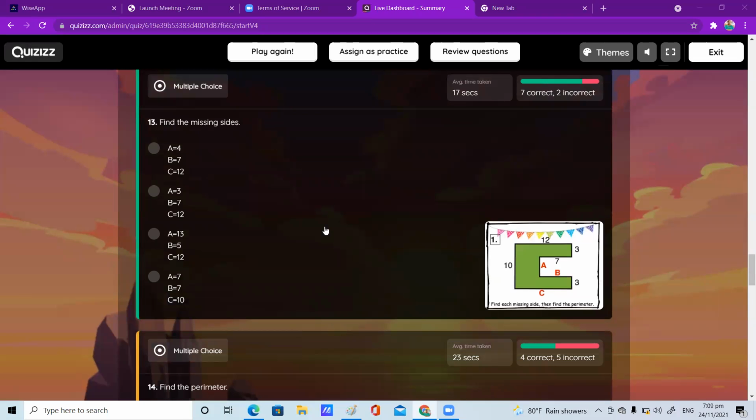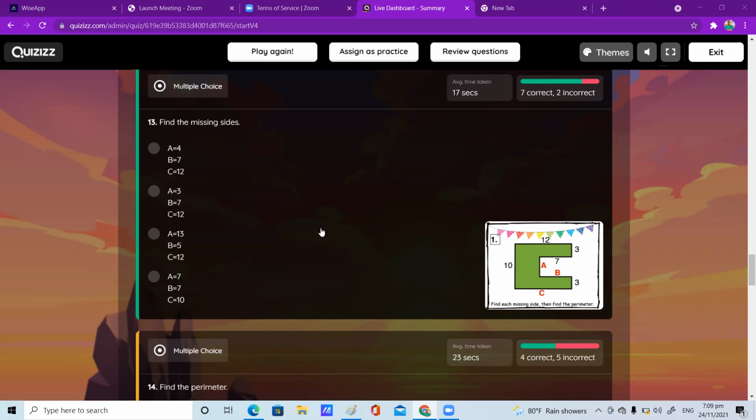Yes. So in this figure A, the length on the top is 12 and on the side it is 10. So the length of A will be 4, as on the top it is 3, on the right side, on the bottom it is 3. So 3 plus 3 is 6, 10 minus 6 is 4.